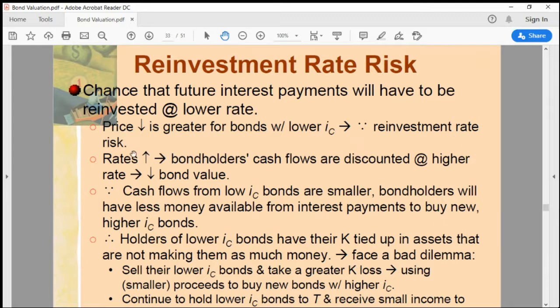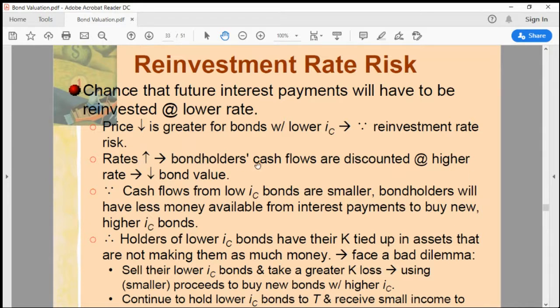because of the reinvestment rate risk. So let's look into this.